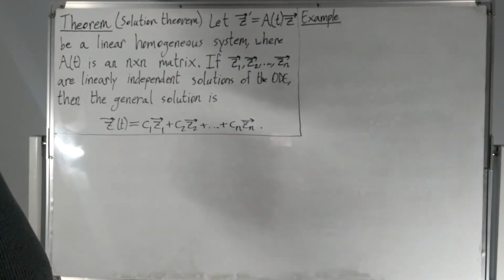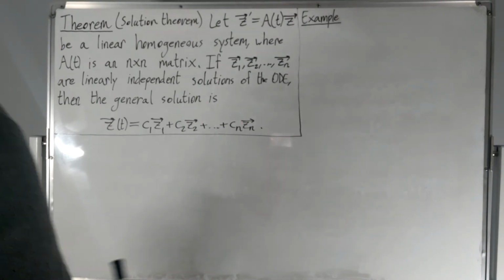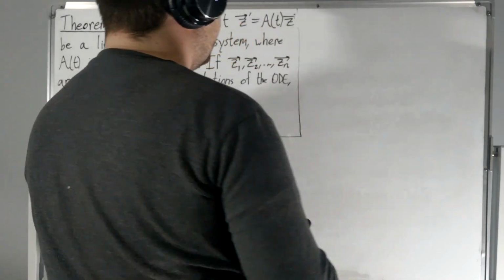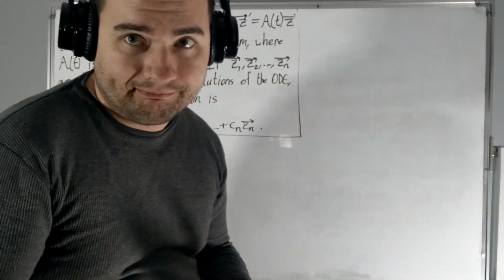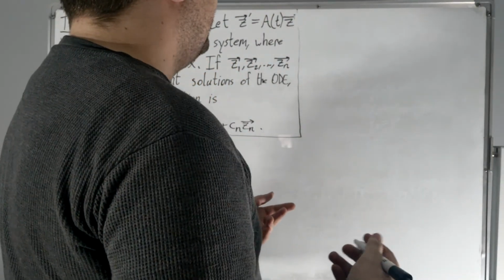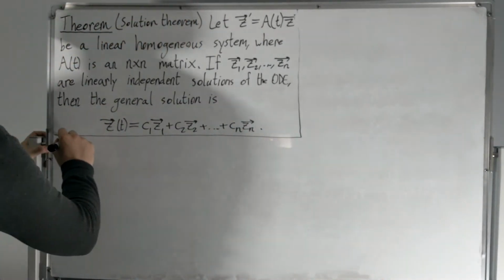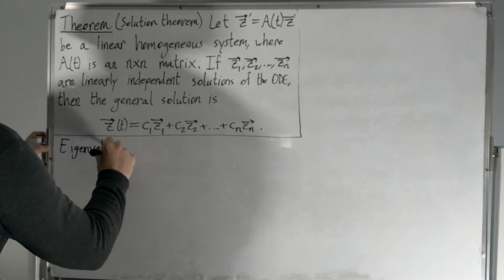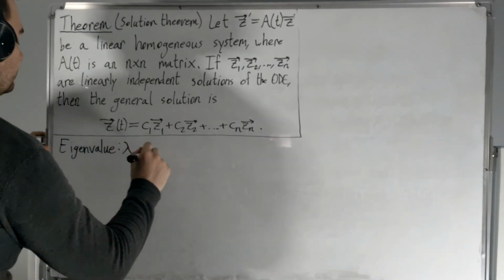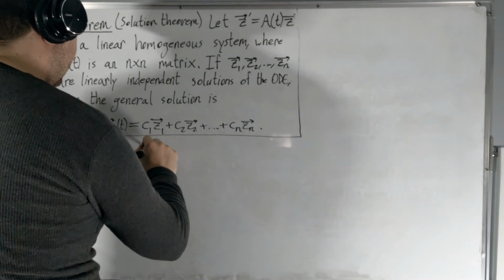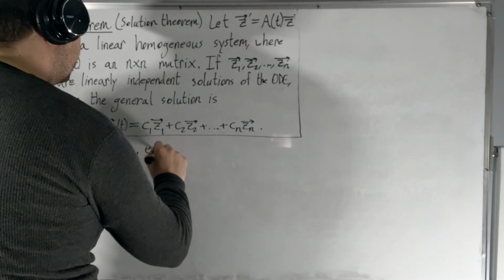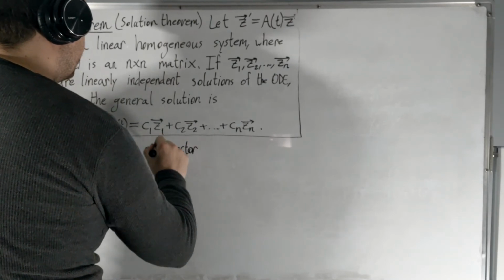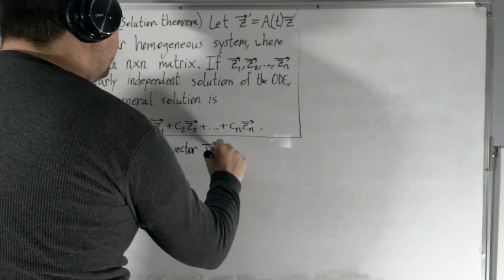Let's suppose you have a matrix A, and it has an eigenvalue lambda with an associated eigenvector called v vector.